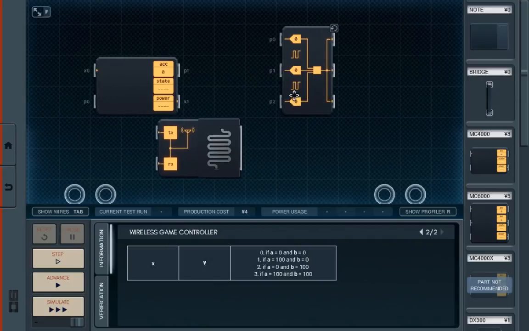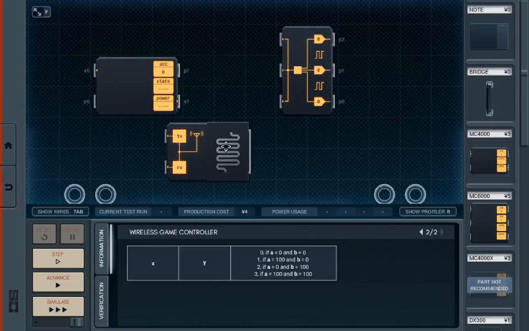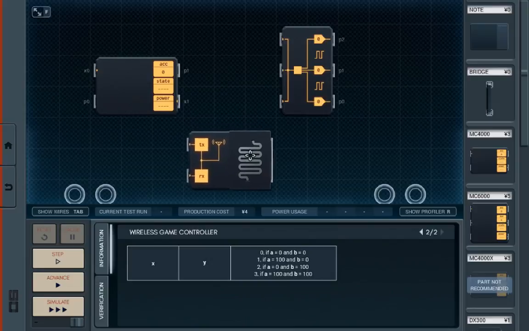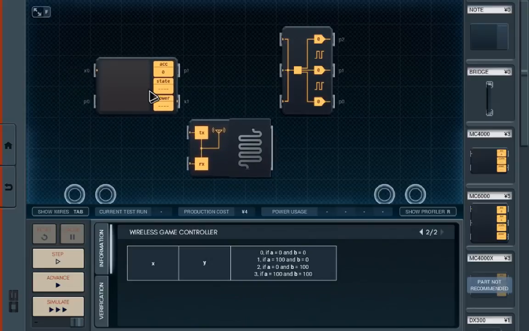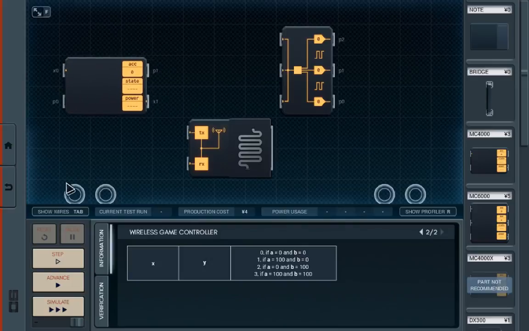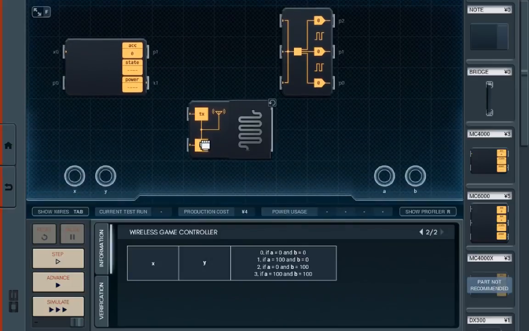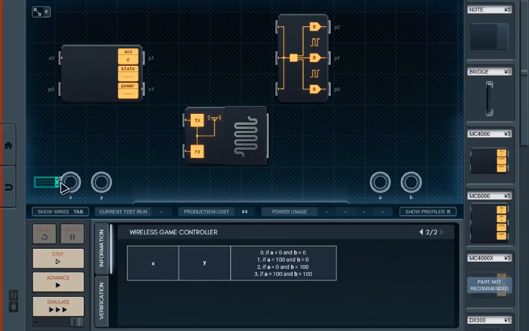Because imagine, I guess we want it flipped. The wiring I'm thinking of is a little bit tricky to actually draw, but which of these is XY and which is AB? Yeah, this is XY, very good. So I'm imagining something like this, and well, actually, let's not go that way.